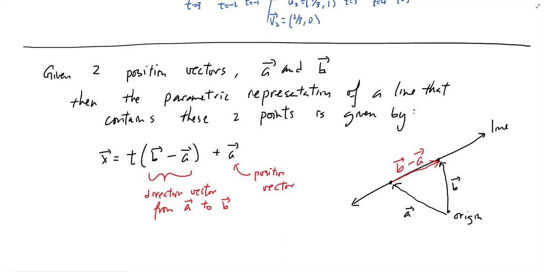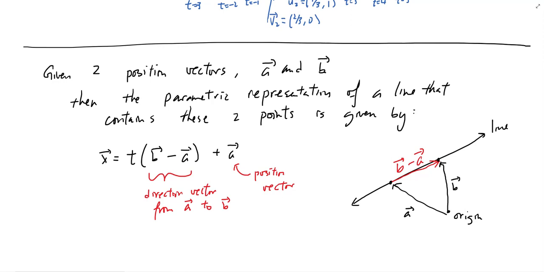So it now rests on the choice that we made. In this particular formula, I chose to look at the direction vector from A to B, and I chose to use point A as our point of reference. Those are my choices that lead to this particular formula.